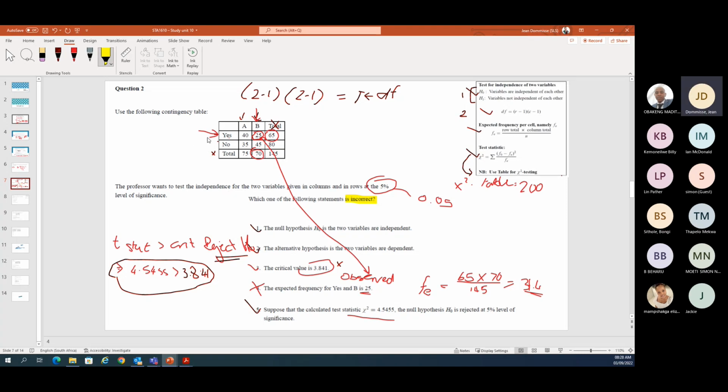Unfortunately, it is online, but what I would have done is highlighted that, and then you know you're working with a 65 and a 70. Unfortunately, with online, it's not as easy to do that anymore.